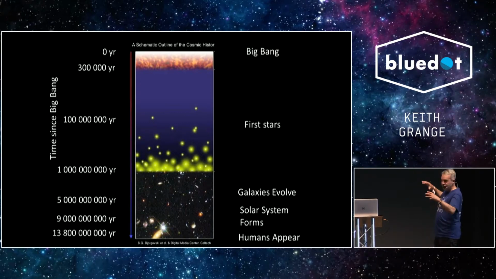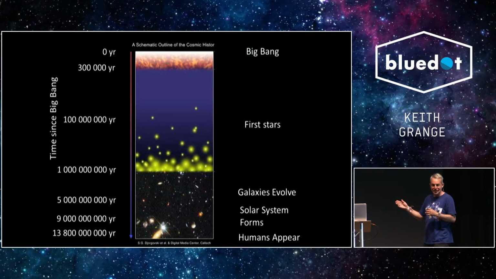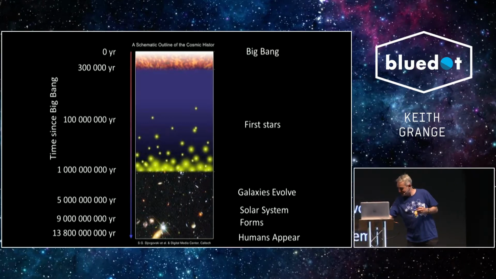After that point, stars continued to be born and then form galaxies. Our own solar system was born maybe about 5 billion years ago, and then humans appeared very, very recently, only a couple of million years ago in the grand scheme of things.